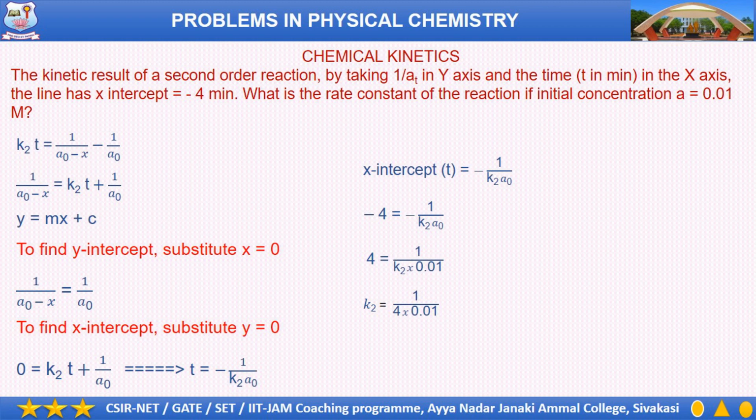It is given as minus 4 minutes. Minus 4 is equal to minus 1 by K2 A naught. The minus sign gets cancelled, so 4 equals 1 by K2 into A naught, where A naught is given as 0.01. Therefore, K2 is equal to 1 by 4 into 0.01. Therefore, you have to work out and find the correct answer. In this way, you can easily calculate K2.